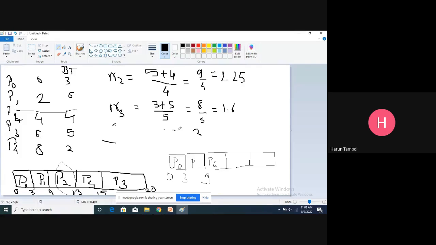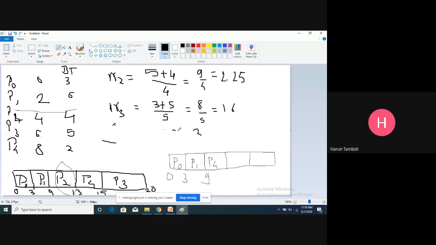Okay, then calculate completion time, turnaround time and waiting time for this example. First try to understand this, take reference, but try to solve on your own.